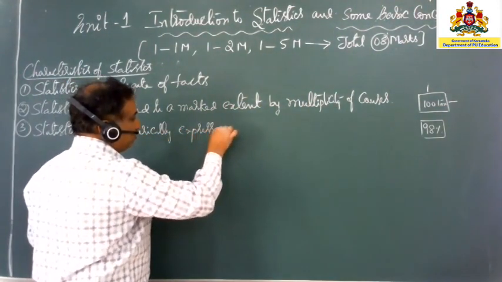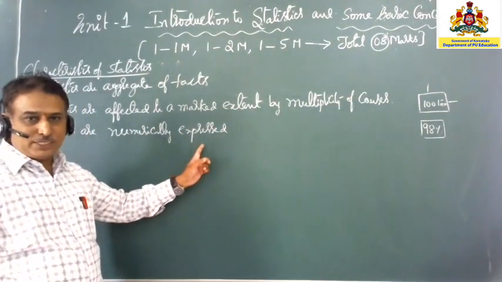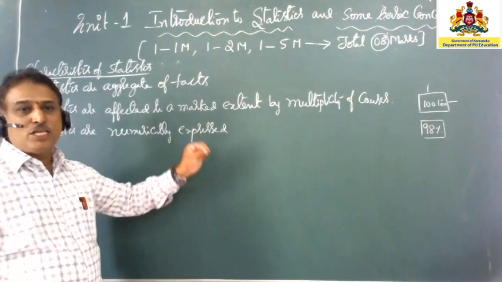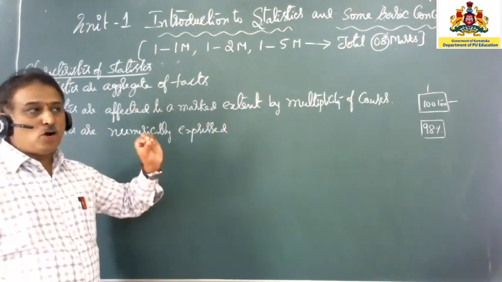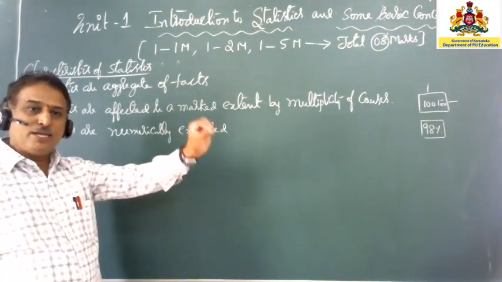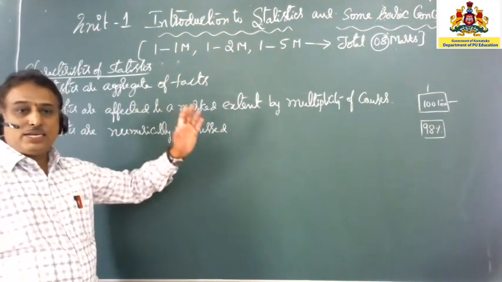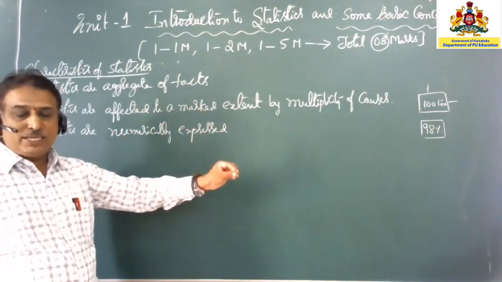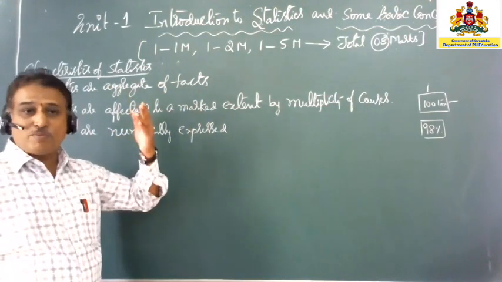Numerically expressed. All the statistical information we have to express in terms of the numerical value. For example, how many people participated in the rally conducted by a political party? We have to tell nearly 1 lakh people participated in that rally. We should not say a lot of people participated.